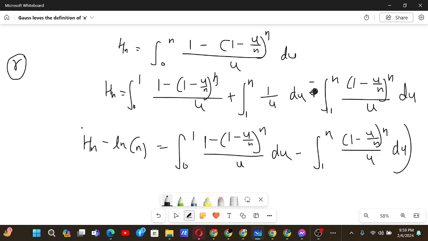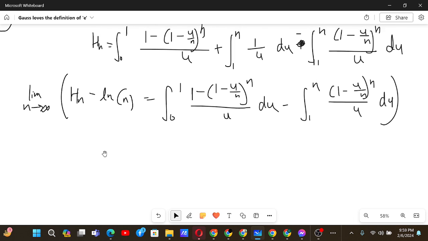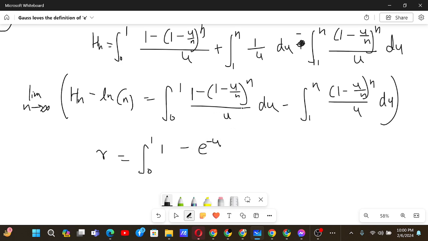Now he puts the limit n goes to infinity, and now there's the surprise. We have the Euler-Mascheroni constant over here, and over here 1 minus u by n to the power n is just e to the power minus u, from the definition of e, du, minus the integral from 1 to infinity of e to the power minus u by u du, and we derive the formula.